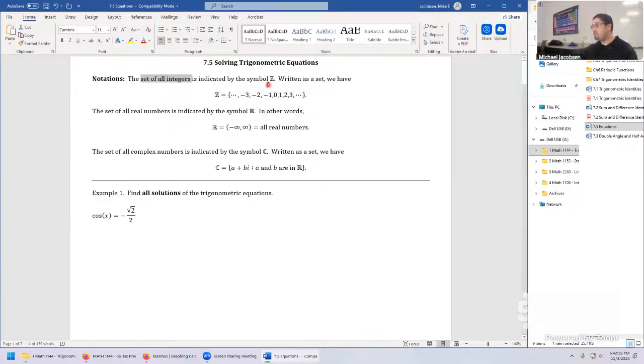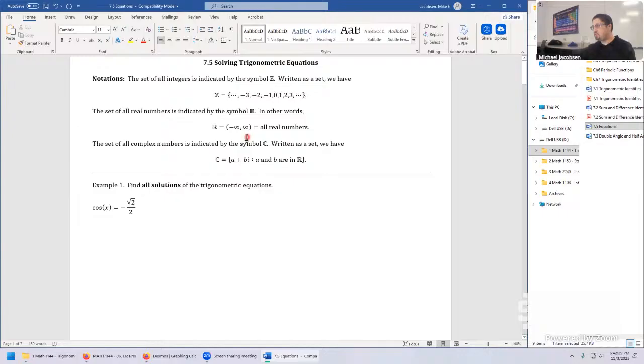So we use Z to denote all integers, the positive integers as well as the negative integers. Likewise, R is just a shorthand for all real numbers. And just for completeness, this fancy C right here would be the set of all complex numbers. We'll get a little bit into complex numbers on the very last part of chapter 8.